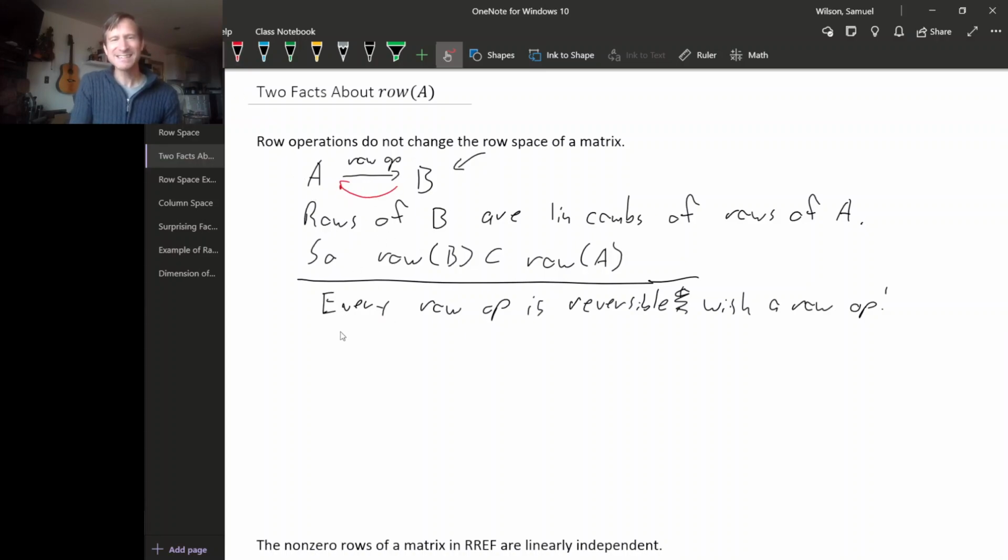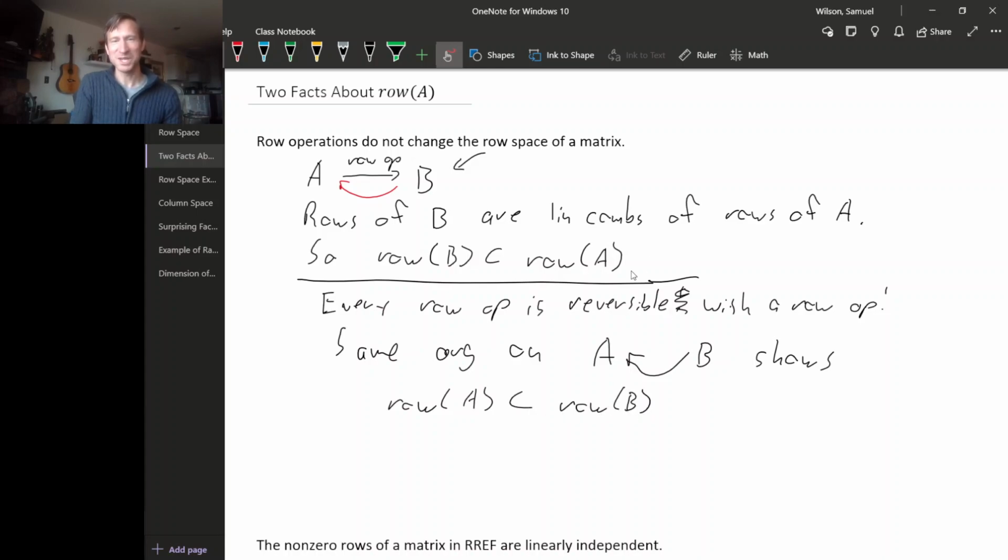But then this exact same argument on our reversing row operation shows that the row space of A is contained in the row space of B. Well, look, if the row space of B is a subset of the row space of A, and the row space of A is a subspace of the row space of B, that means that they're actually equal.